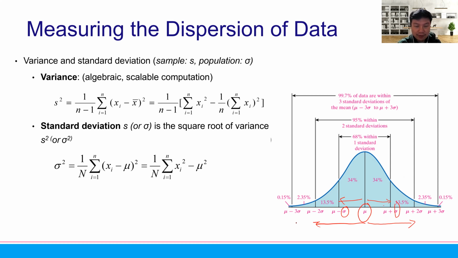If you have a range of 3 sigma, it is also wider, but the acceptance of outliers is smaller. So it depends on the standard deviation. You can see the dispersion of the data, and those two are the measures to know about the dispersion of the data.